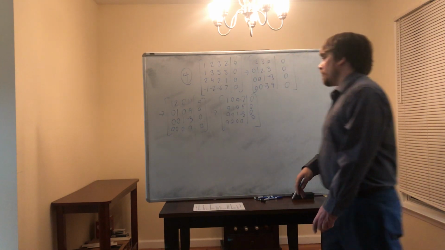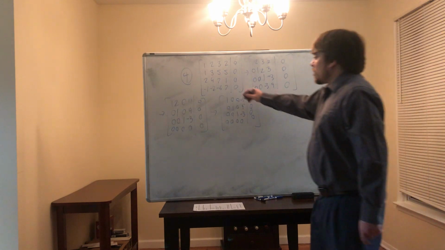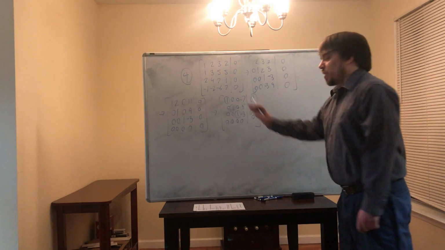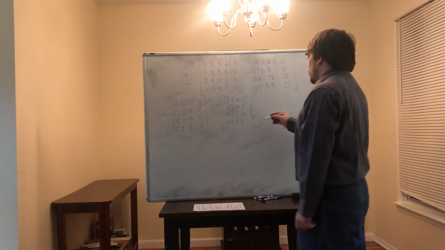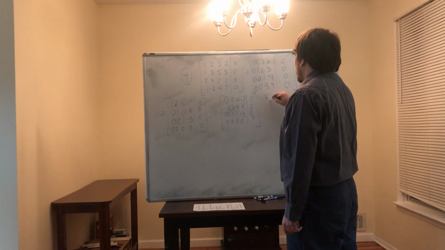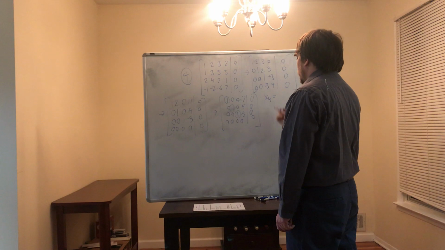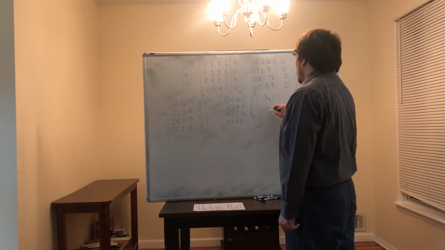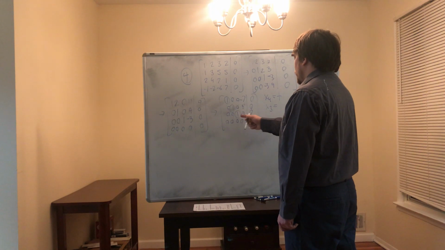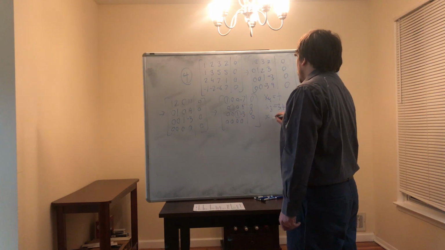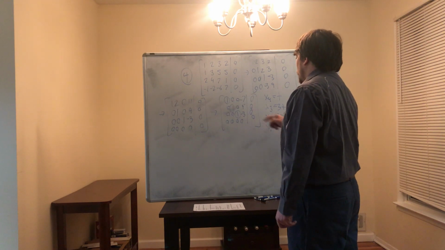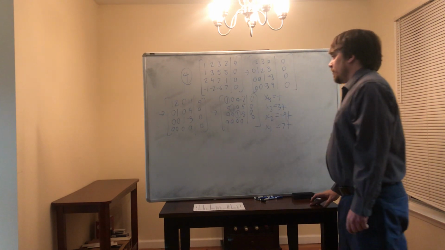You get -7. Okay, so x1, x2, and x3 are leading variables because they correspond with leading ones there. So x4 is the only free variable because it doesn't correspond to a leading one. And so as a free variable, you set equal to a parameter, let's say t. So x4 is t, x3 is 3t, x2 is -9t, and x1 is equal to 7t.